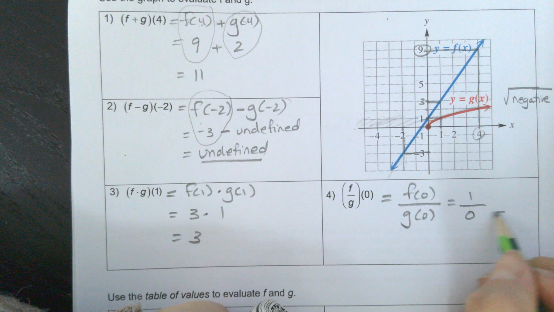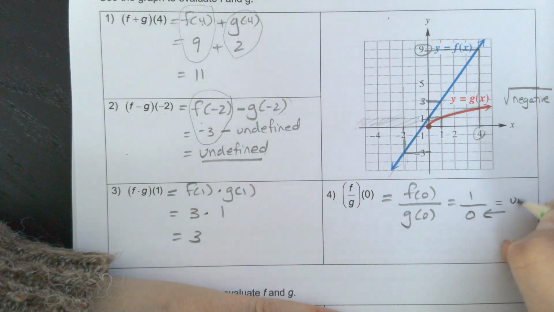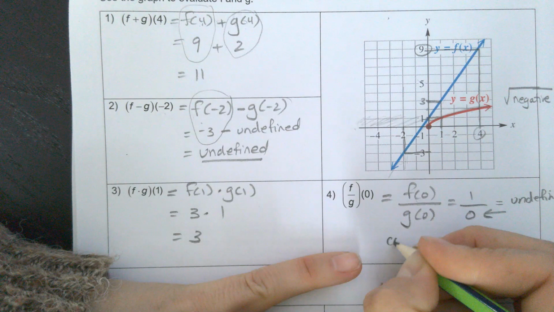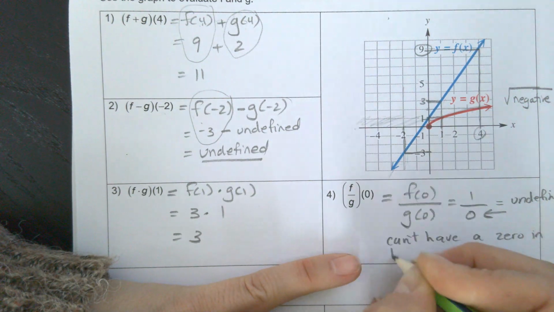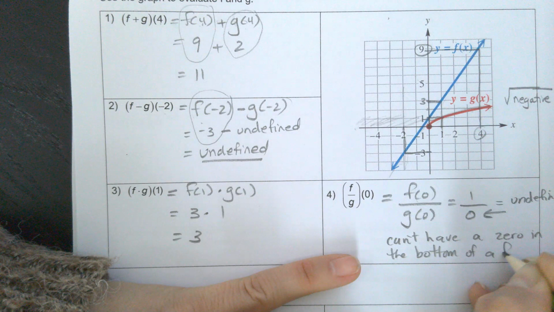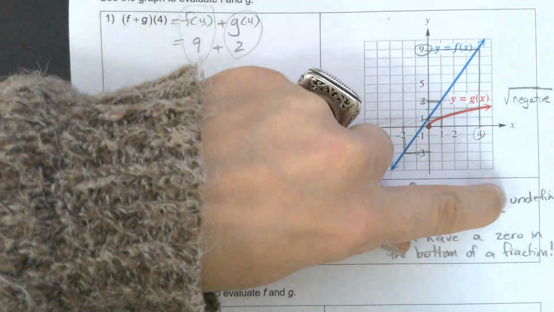Can I have a fraction that has a 0 on the bottom? That's a problem. So if I can't have that, so that's undefined. And if there is a 0 in the bottom, then we say the answer is undefined.